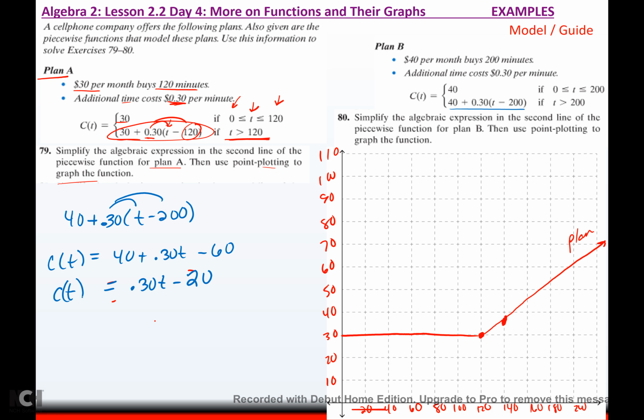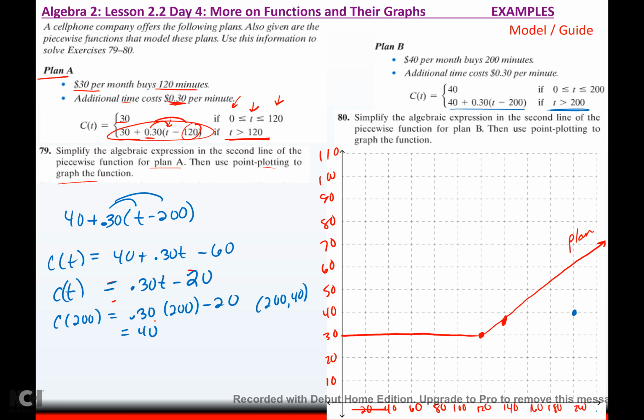So if I plot some points, okay, again, this is for everything over 200. So if we start at 200, that would be 0.30 times 200 minus 20. Minus 20 is 40. So that ordered pair would be 200, comma 40. So 240. I should have made a bigger graph.